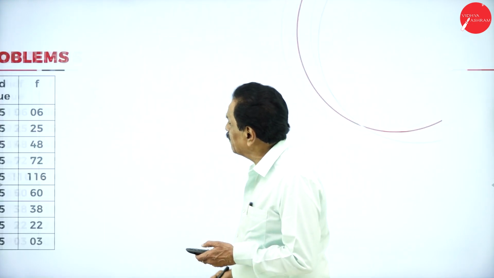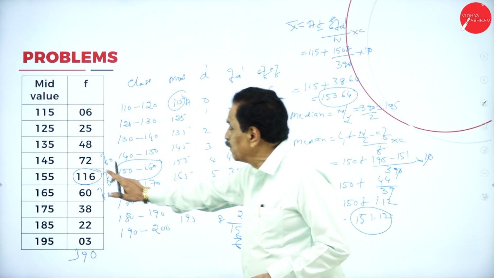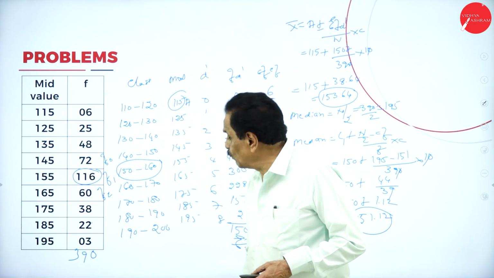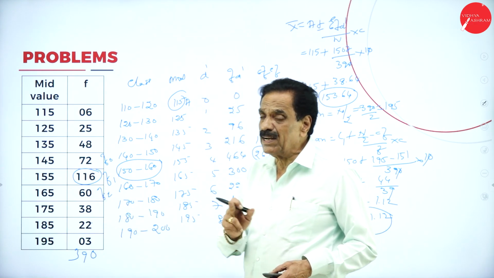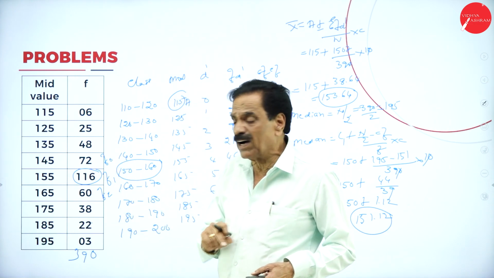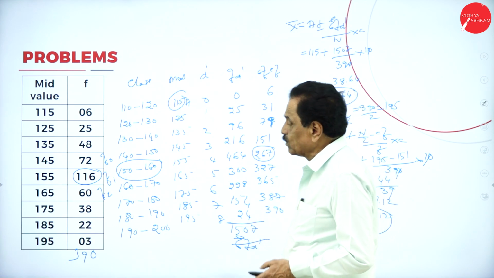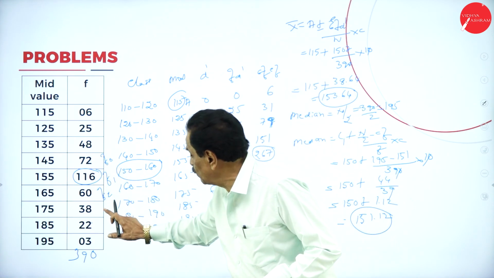If we see your numbers, the highest frequency is 116. Behind is 72. Forward is 60. Remember, 116 is the F1, 72 is the F0, 60 is F2. Your class is 150 to 160. So 116, 72, 60.